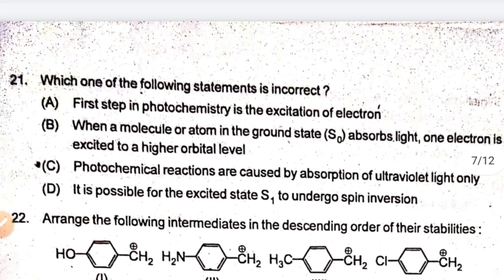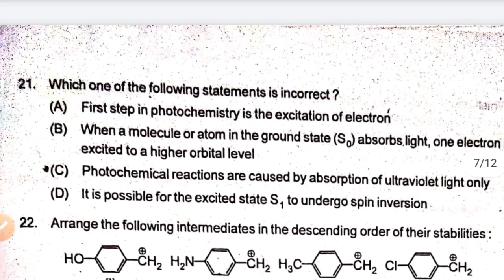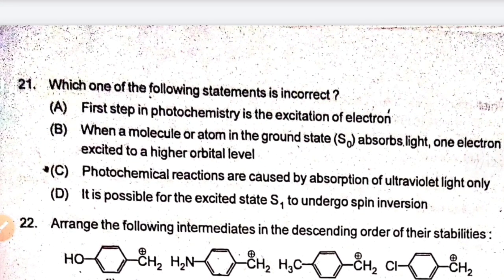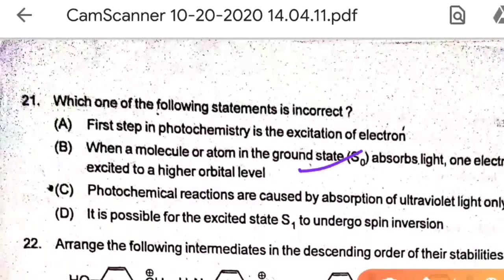One of the following statements is incorrect. Okay. First step of photochemistry is the excitation state of electron. This is a correct statement. Next, when a molecule or atom in the ground state S0 absorbs light, one electron is excited to a higher orbital level. So this is also correct.